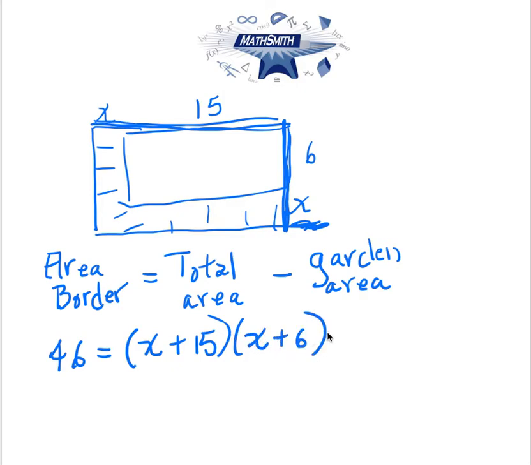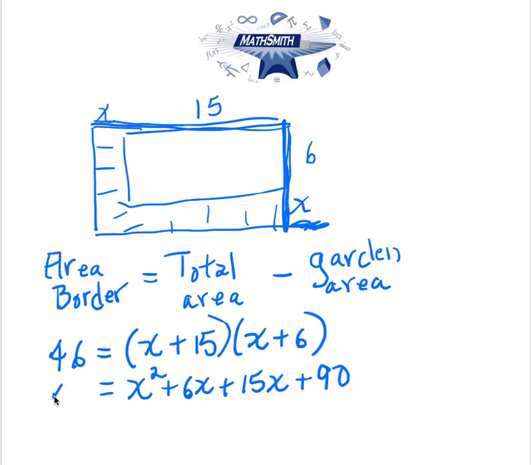Now you're going to FOIL things out, and you're going to move stuff to the other side so everything equals 0 in the end. So what do we get? We got x squared, and we're going to FOIL: plus 6x plus 15x plus 6 times 15, which is 90.